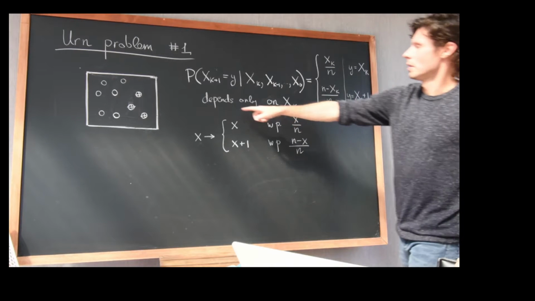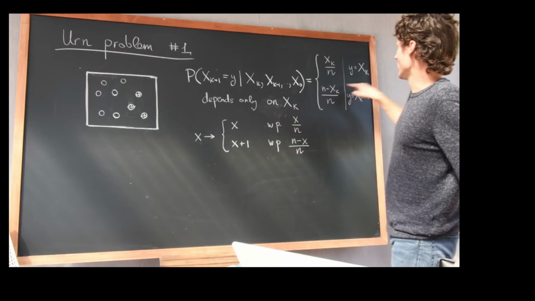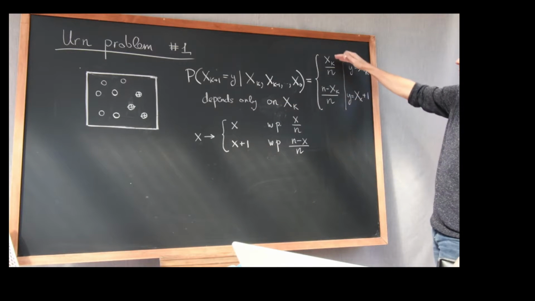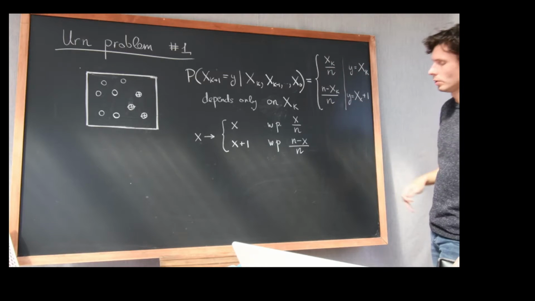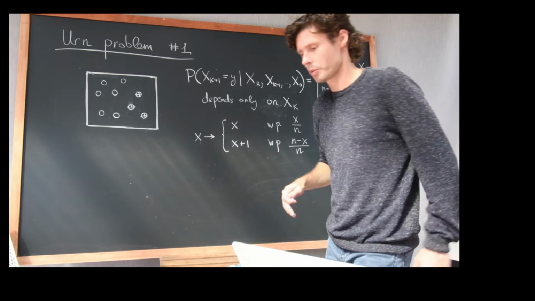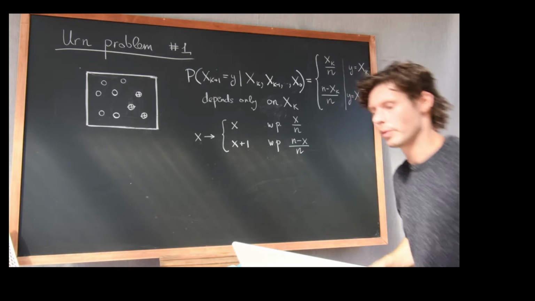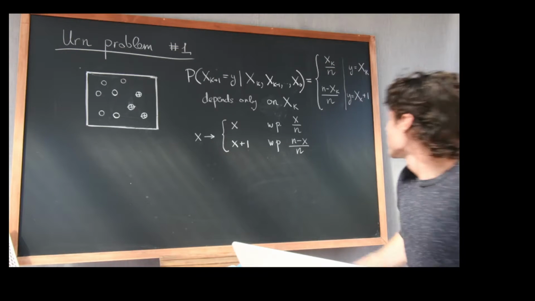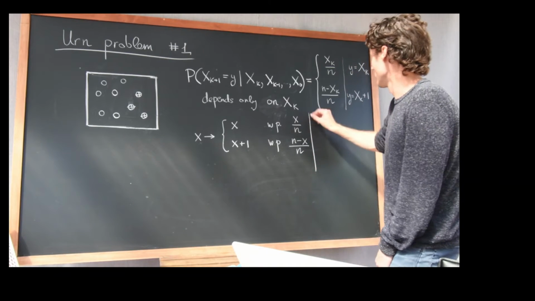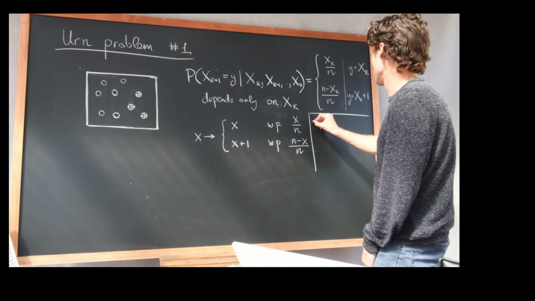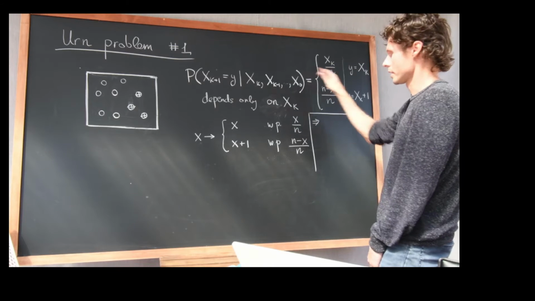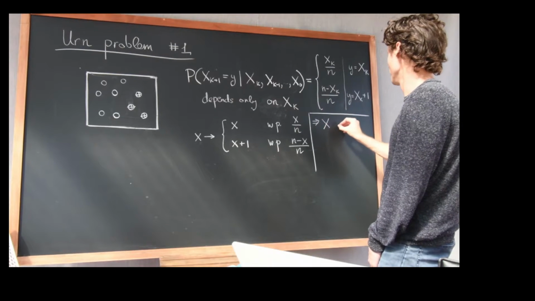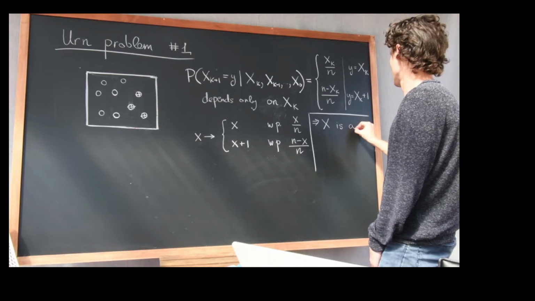They clearly depend only on xk, and all cases are covered, and you should make sure that these sum to 1, which they do. All probabilities, including conditionals, have to sum to 1. And from this analysis we directly conclude that x is a Markov chain.